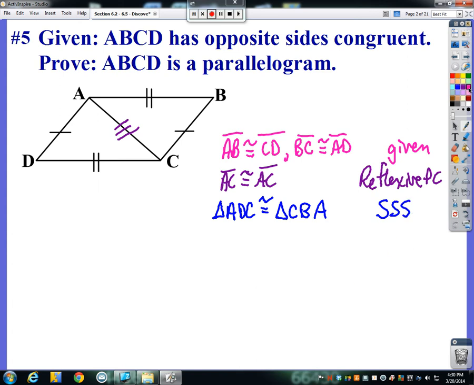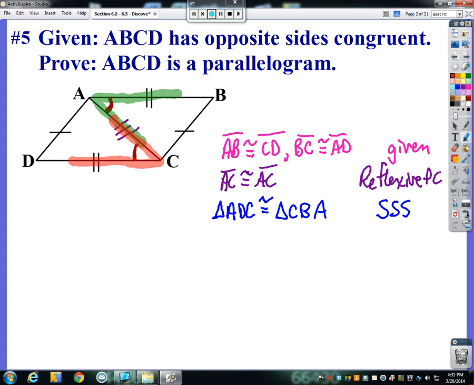Now, this is where we're going to make those angle connections. It would be fantastic if this angle and this angle were congruent, because they would be alternate interior angles. And alternate interior angles are congruent when we have parallel lines. And we could get our parallel lines from there. Now, can we say those angles are congruent? Well, let's see. This angle and this angle, notice they're right in between the 2 and 3 side markings, and this angle's in between the 2 and 3 side markings.